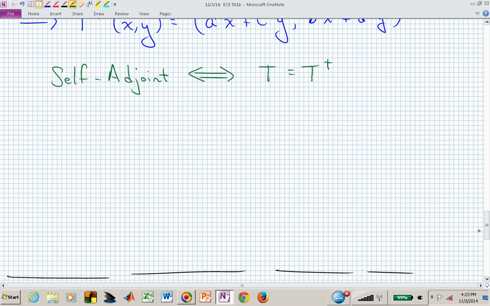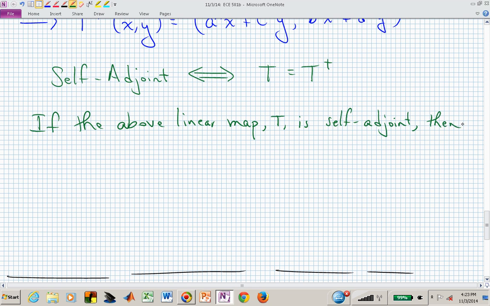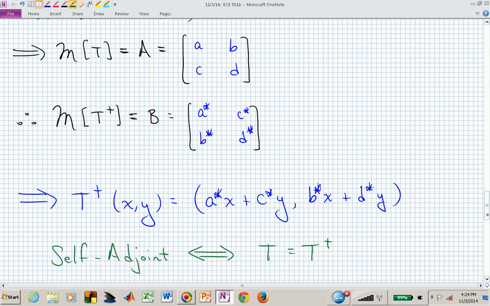Meaning, if the above linear map T is in fact self-adjoint, then we know that A is equal to A star, B is equal to C star, C is B star, and D is D star.